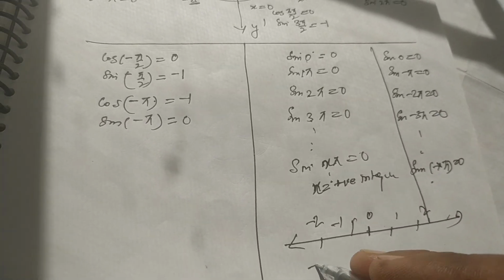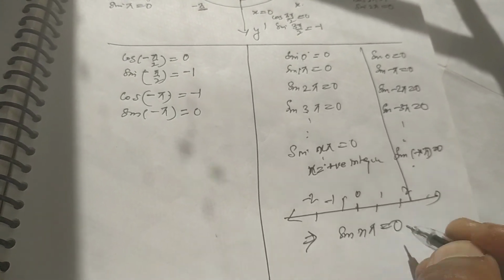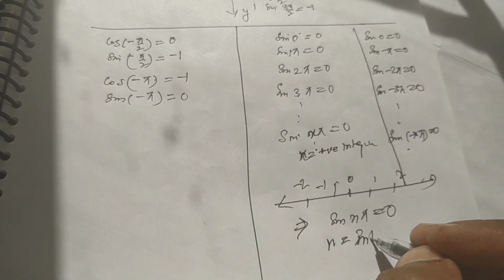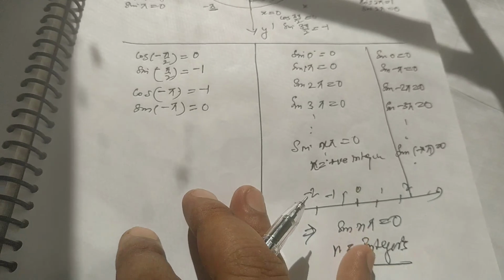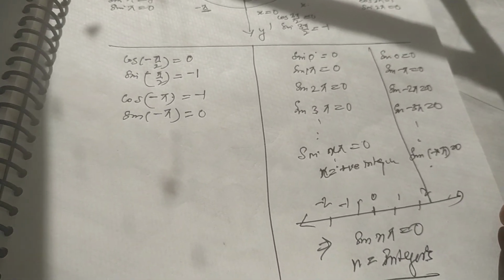This implies that sine n pi is equal to 0, where n is any integer. So we get sine n pi is 0 where n is an integer.